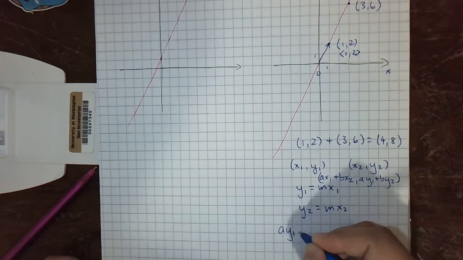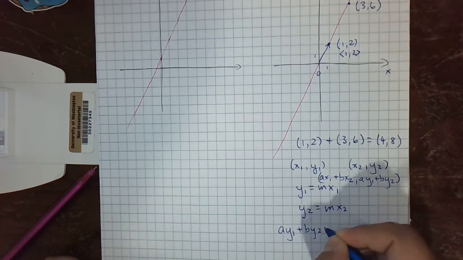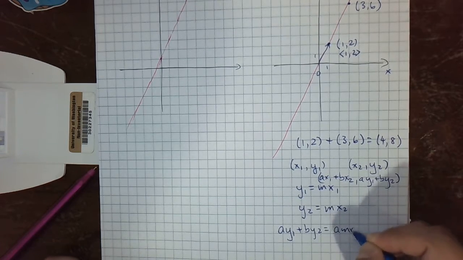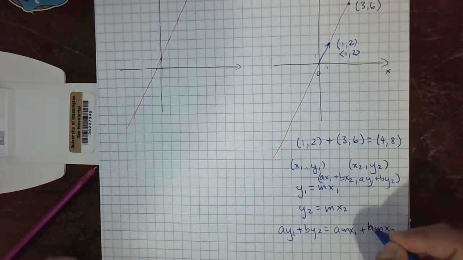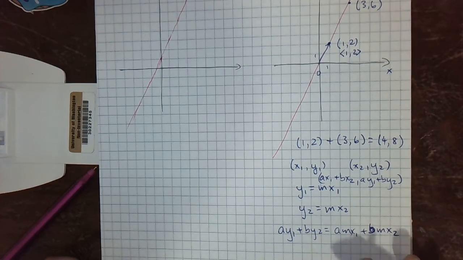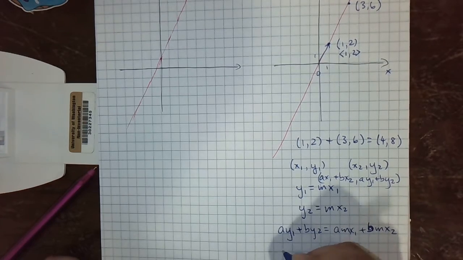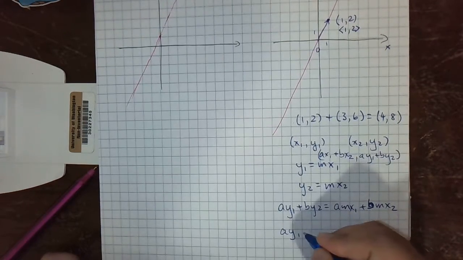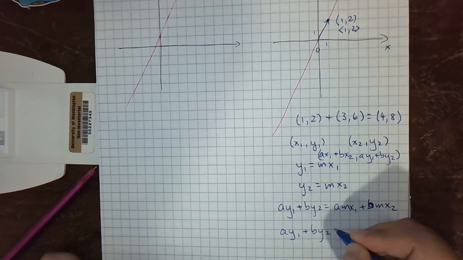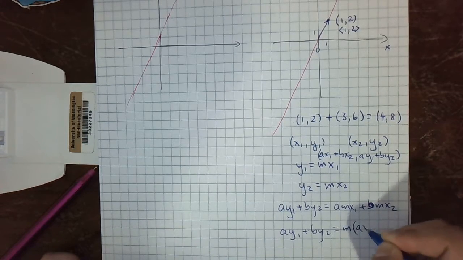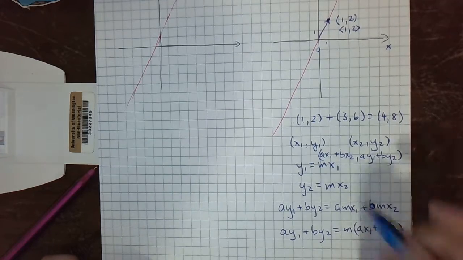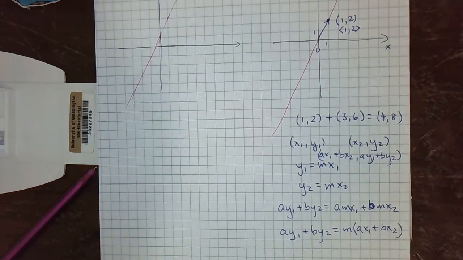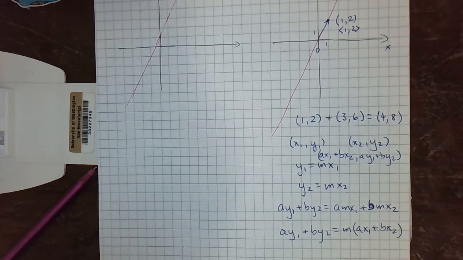So I get a y1 plus b y2 equals a m x1 plus b m x2, sorry about that. And then I can factor out an m from the right side. So I'm going to write the left side as is, equals m times a x1 plus b x2. And now I see that this point, a x1 plus b x2, comma a y1 plus b y2, satisfies this equation.